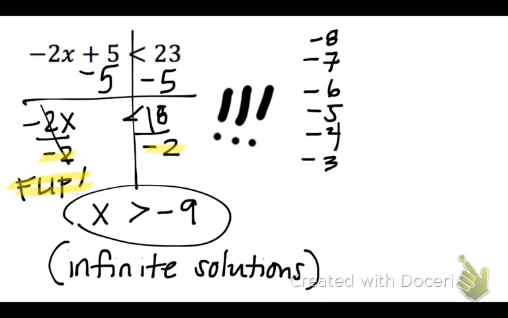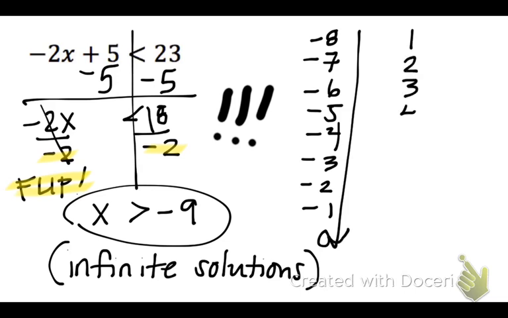You might be thinking, how are these greater than -9? Well, you'll notice I got closer to 0, and then I start on the positives. So hopefully that helps remind you that these numbers are greater, right? And it goes on forever. I'm not going to keep writing them. So x is greater than -9.